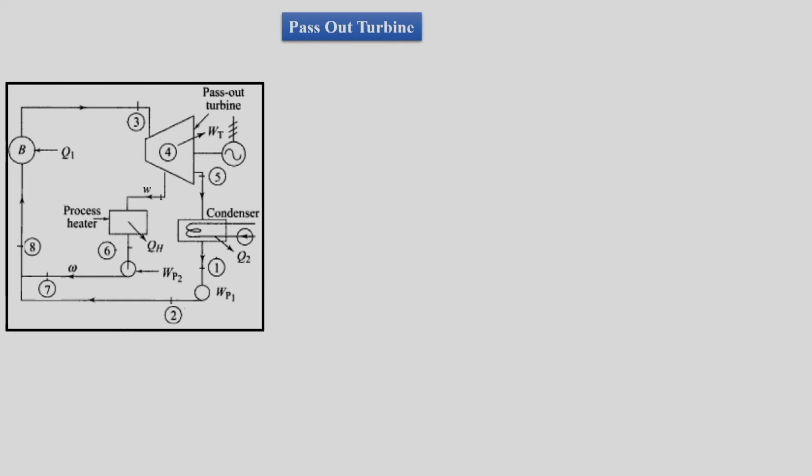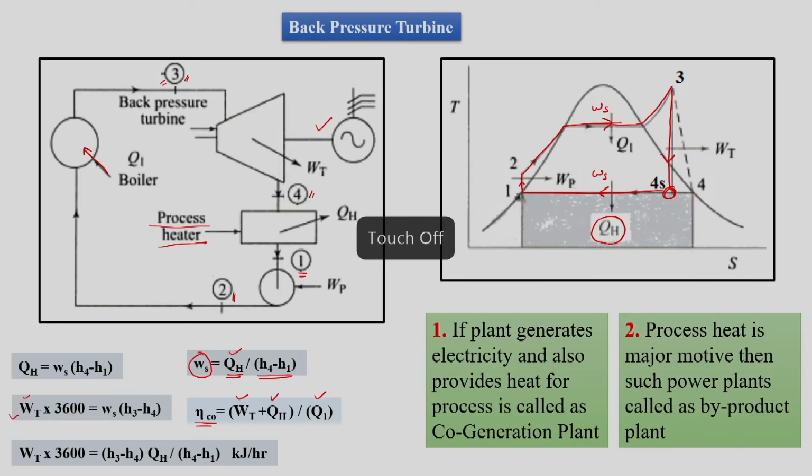The thing to be remembered in the last case, where we talked about the back pressure turbine, is that we are supplying a certain amount of heat for the process. So, the pressure at the exit of the turbine is generally not below atmospheric, since the general requirement of temperature is above 100 degrees Celsius.